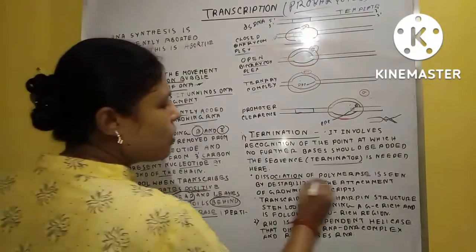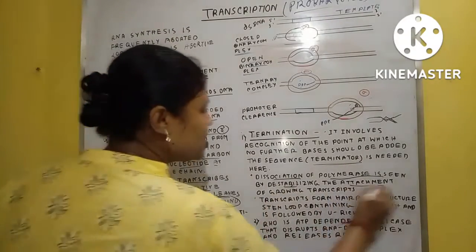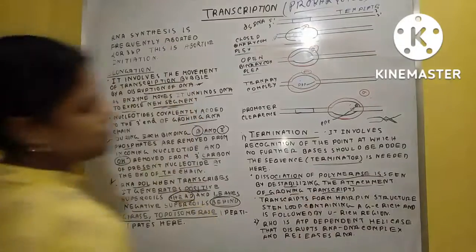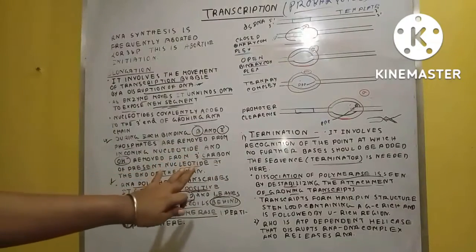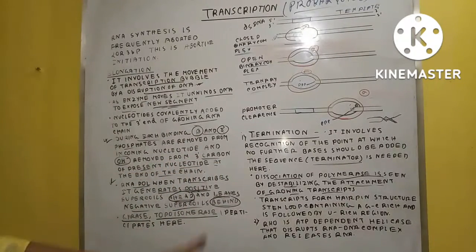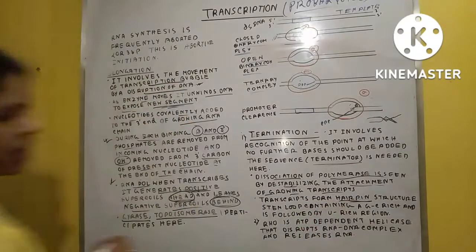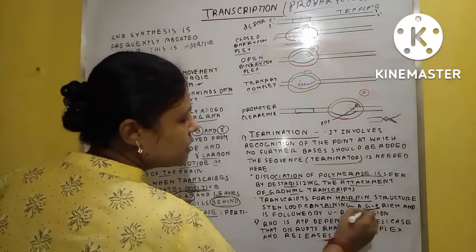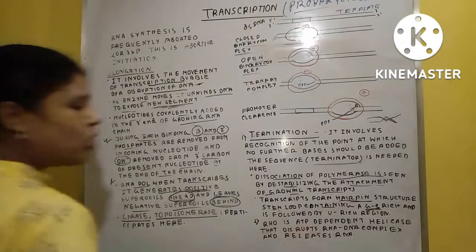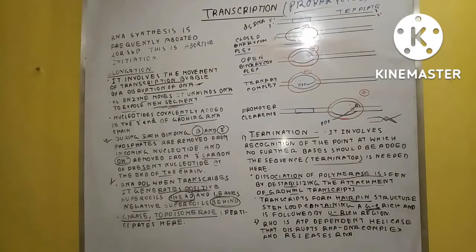The dissociation of the polymerase is seen, by stabilizing the attachment of the growing transcript. The polymerase is totally dissociated from the DNA chain, and the mRNA transcript forms a hairpin-like structure, with a loop containing GC rich base pairs followed by U rich base pairs. So this is the hairpin-like structure.